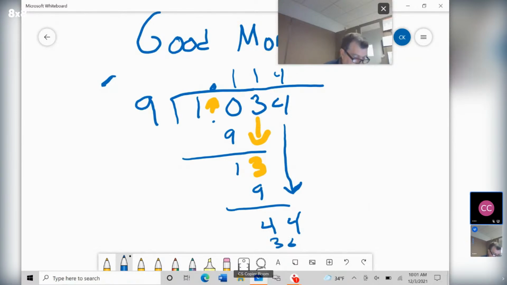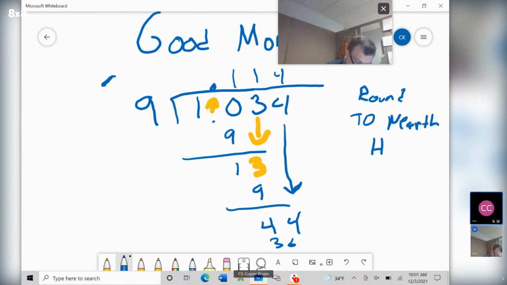And basically, what this one would do, if we say round to the nearest hundredth, what that means is we're just going to round to this place right here, this 1.